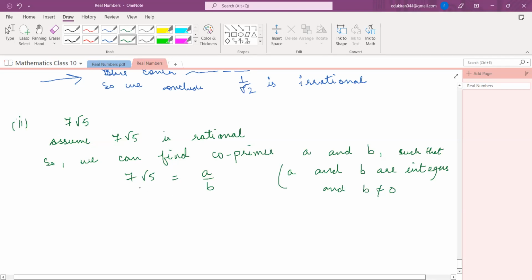So root 5 is equal to A upon 7 into B. You have to leave the irrational number or the root number on one side and take the rest of the things on the other side.